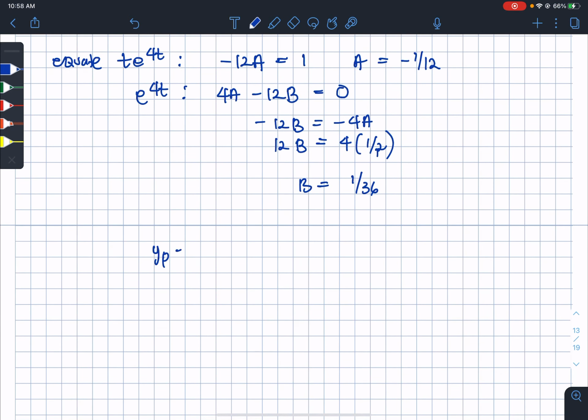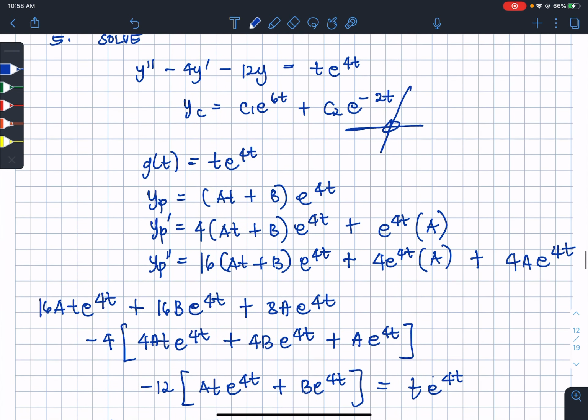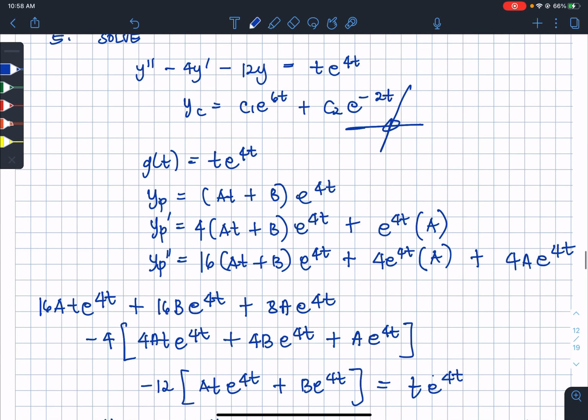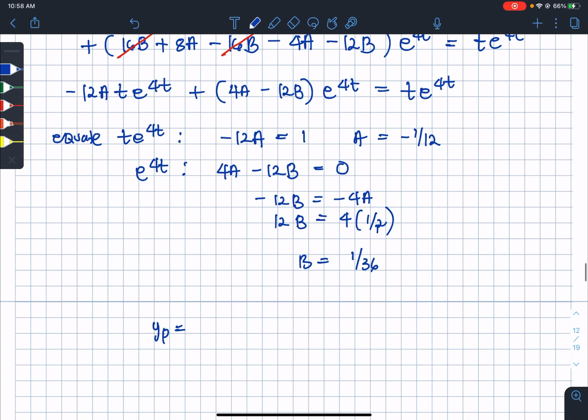Our yp then, we'll have At plus B e raised to 4t. So negative 1 over 12 t plus 1 over 36, then e raised to 4t.